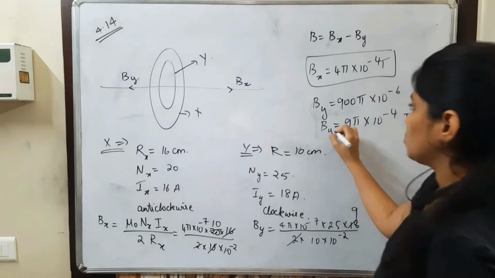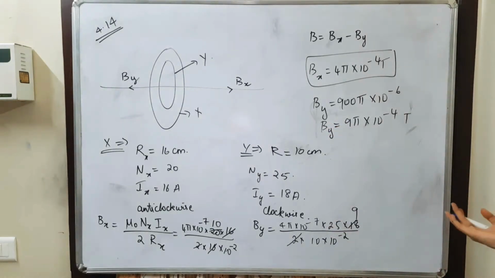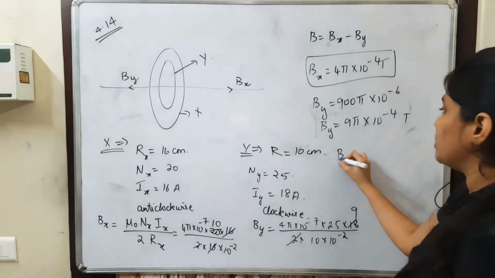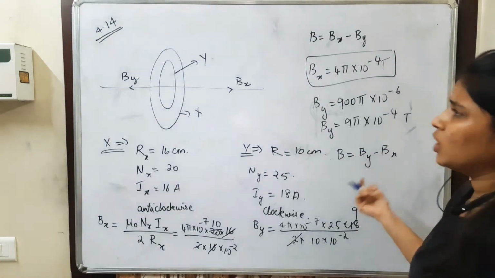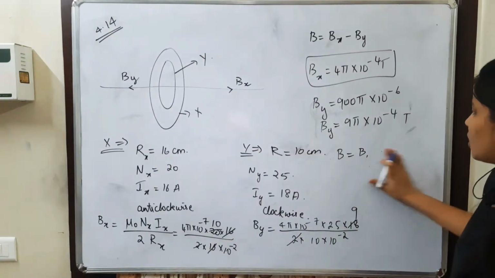This is By. Clearly By is larger than Bx. Therefore B is equal to By minus Bx, or you can do the vector addition.